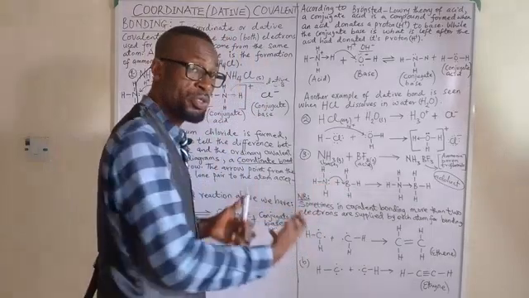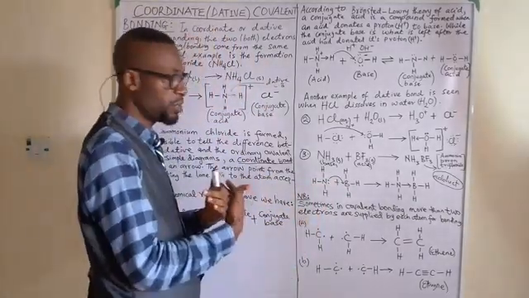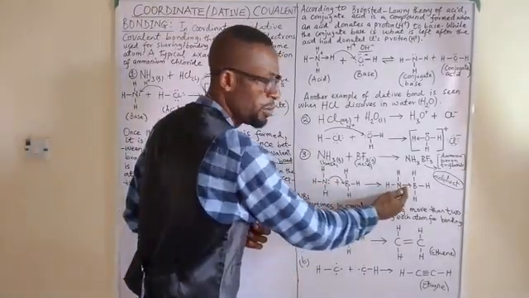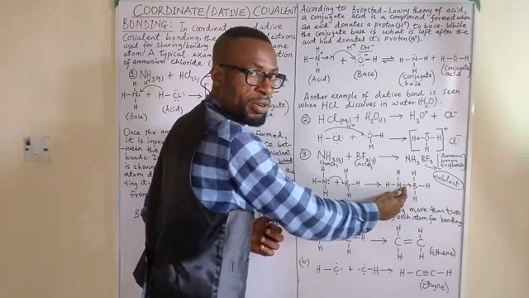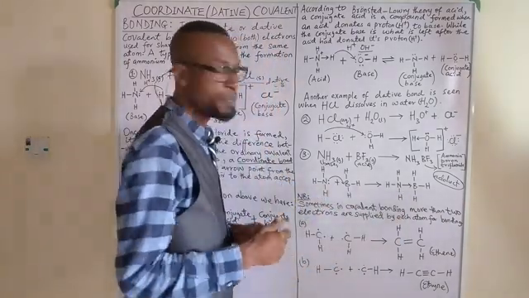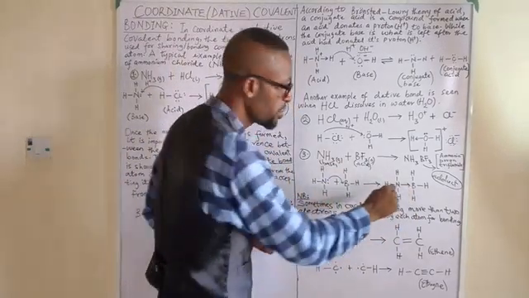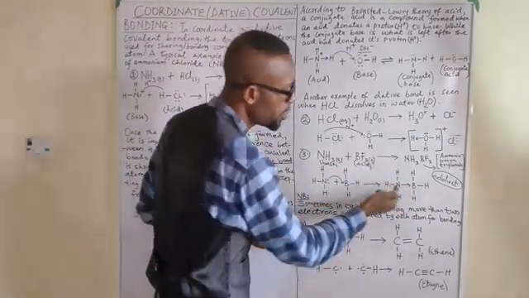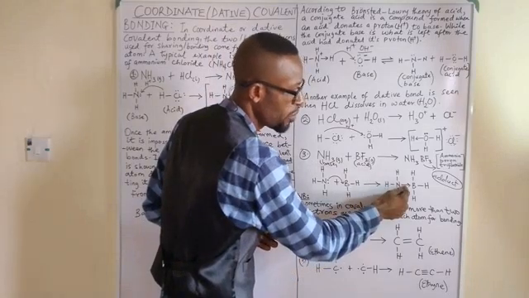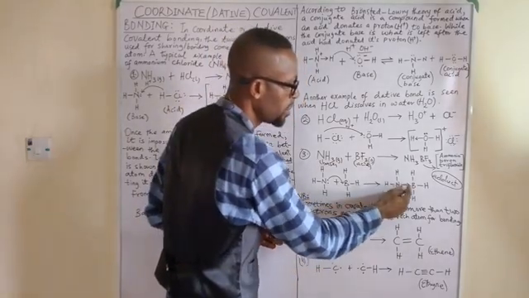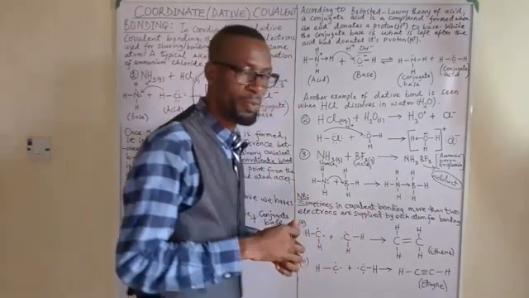Ammonia says: oh boron, since you are electron deficient, come, let us join up and share my lone pair of electrons so that we can make a covalent bond. As you can see, the arrow depicting this coordinate or dative bonding shows that the 2 electrons used in making this covalent bond come from nitrogen and are shared with boron.